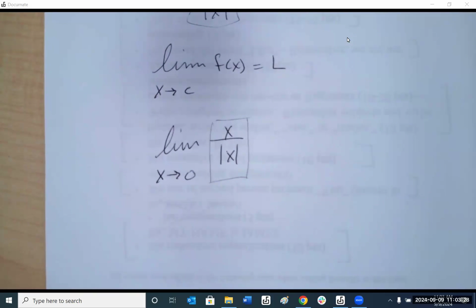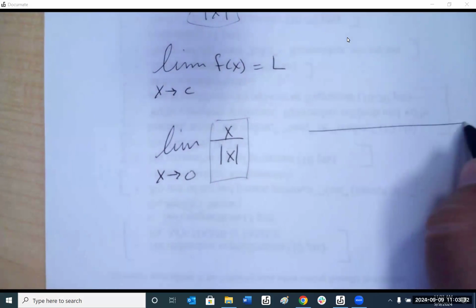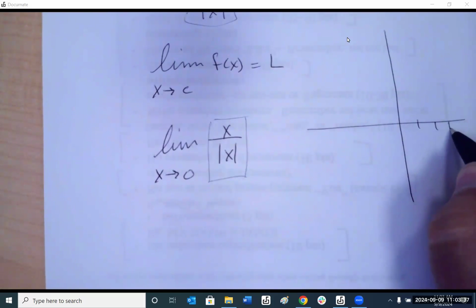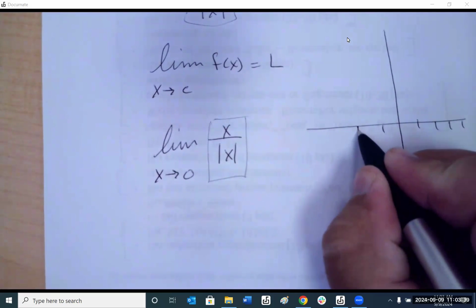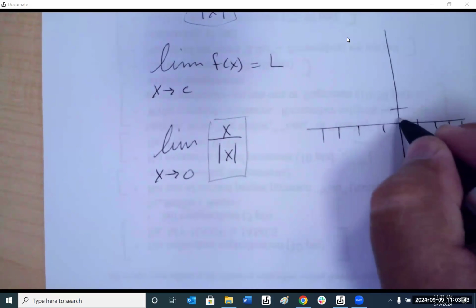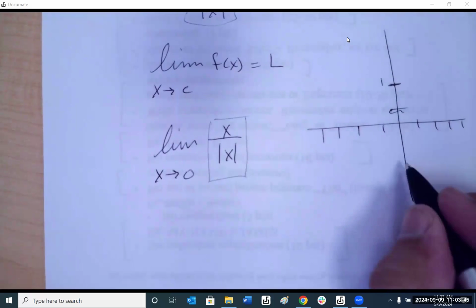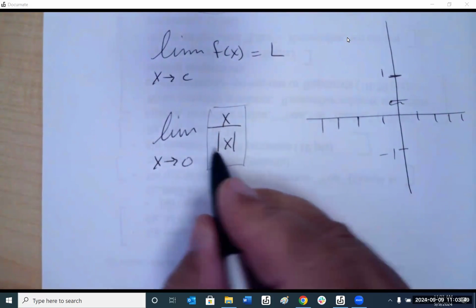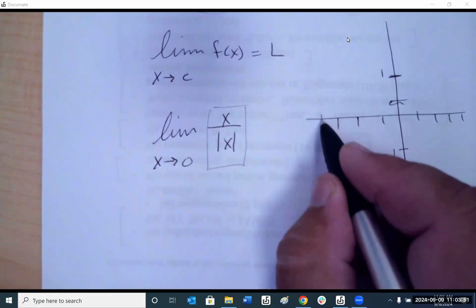What does the graph of it look like? So we can't use 0. What happens when we come from the left?